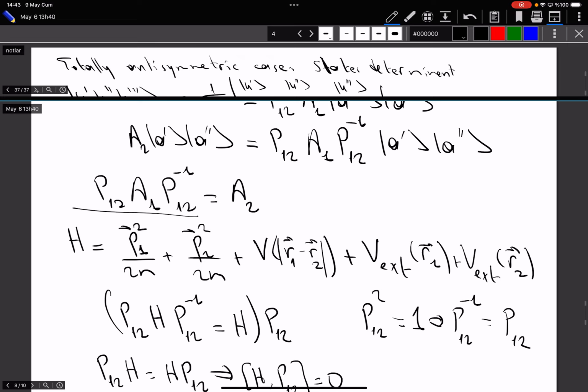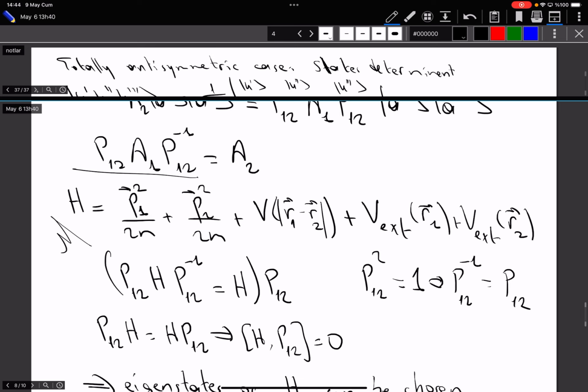You just multiply with the operator on the left and the inverse of the operator on the right. It just exchanges: if you act on P1, you get P2. If you act on P2, you get P1. If you act with P12 on the momentum of a third particle, if you have one, it doesn't do anything.